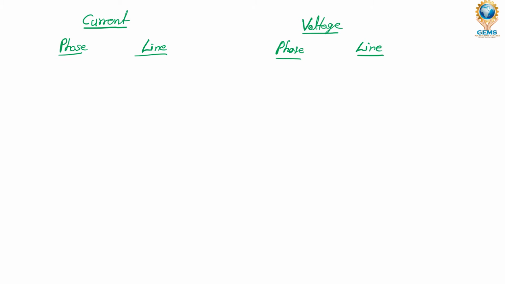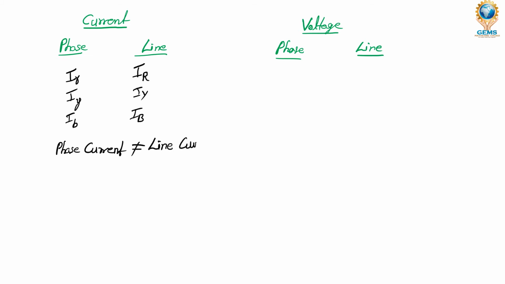Phase current is IR, line current is I capital R. Phase current is IY, here it is I capital Y. IB, I capital B. Phase current is not equal to line current.